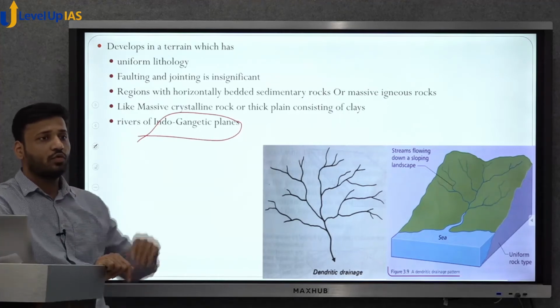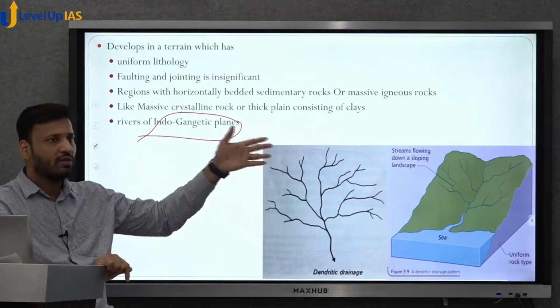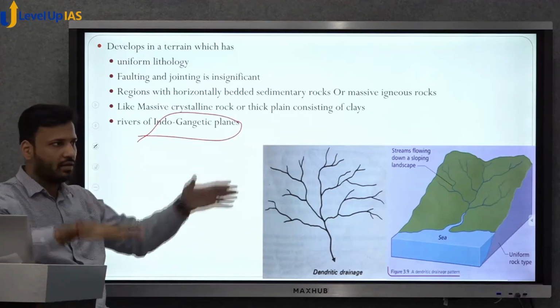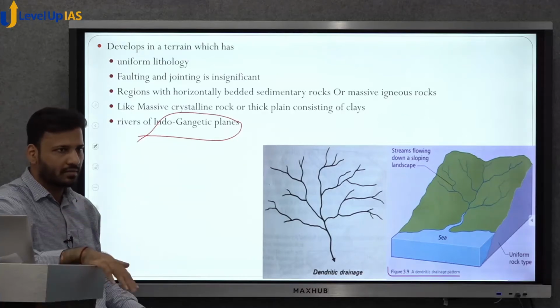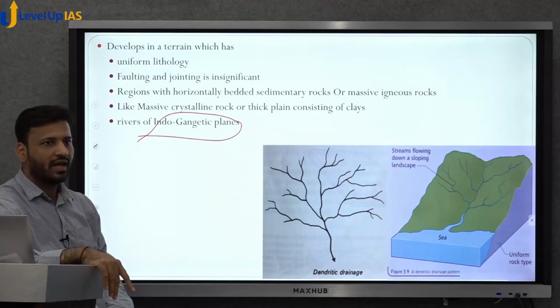The Ganga river is flowing over a uniform type of surface like alluvial plain. From origin to the end, it has an alluvial plain. There are no faults, no joints, nothing. So that is why the dendritic type of drainage pattern has been formed on the Ganga plain.